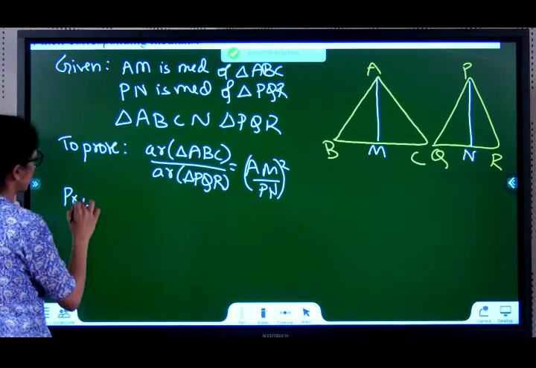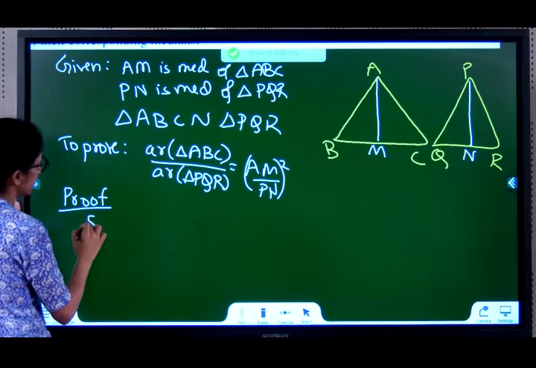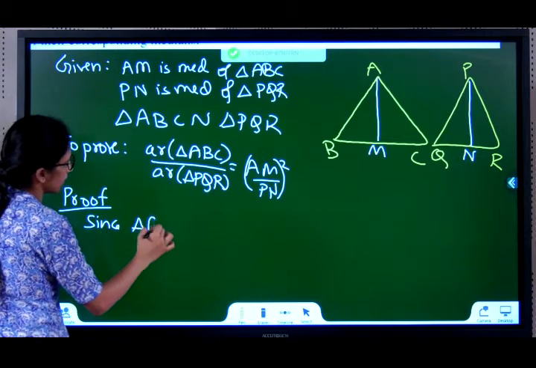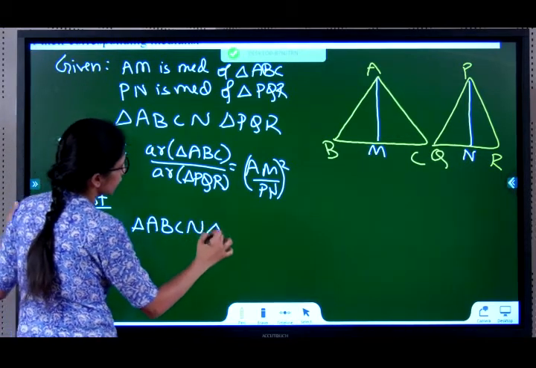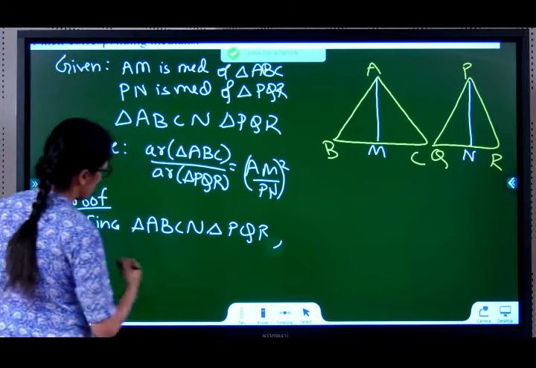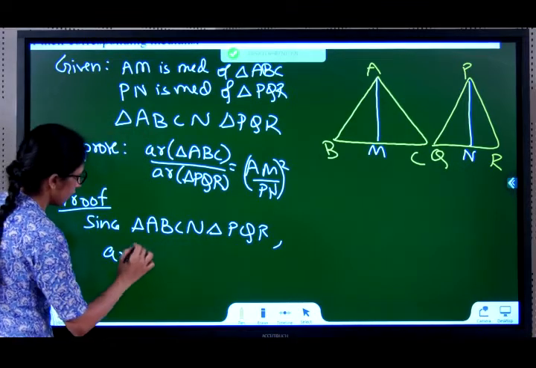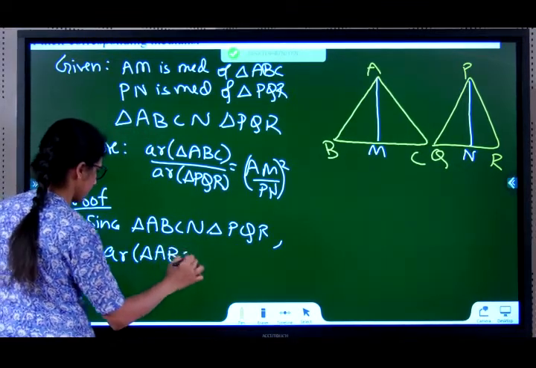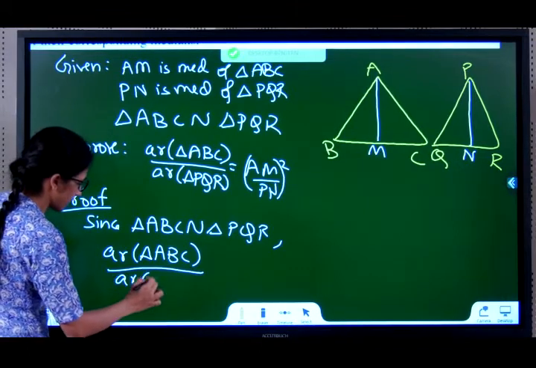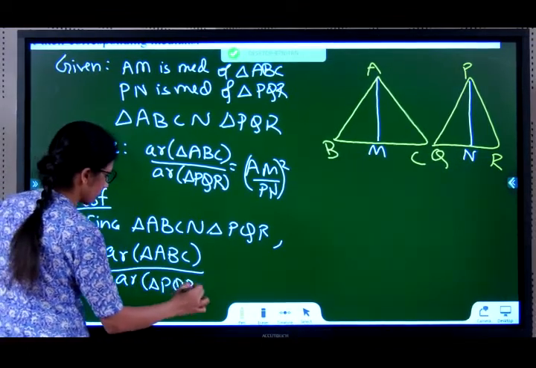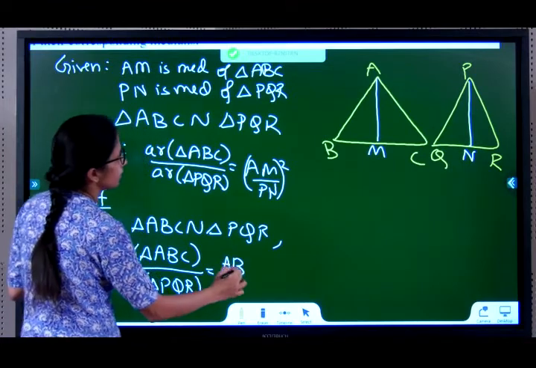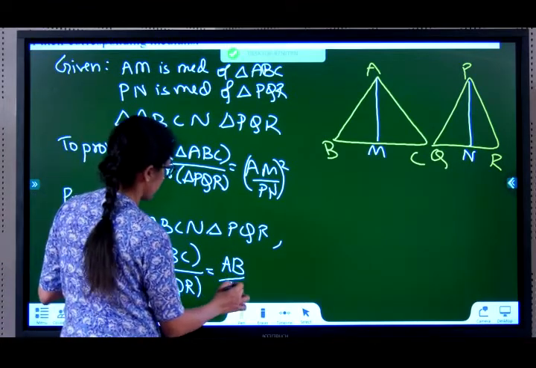So proof, since triangle ABC is similar to triangle PQR, can I say area of triangle ABC by area of triangle PQR, we already know, is equal to AB by PQ square.